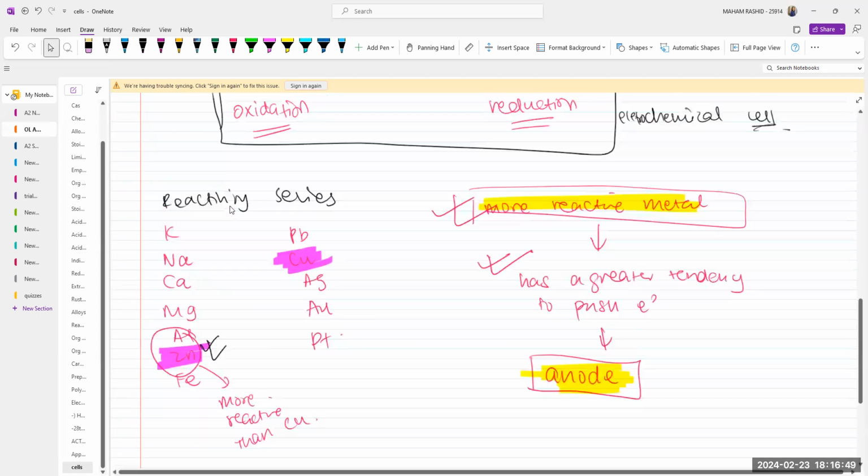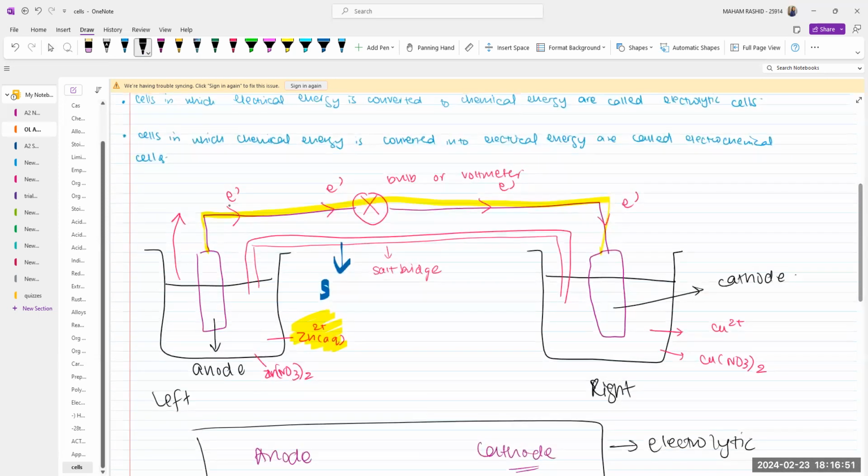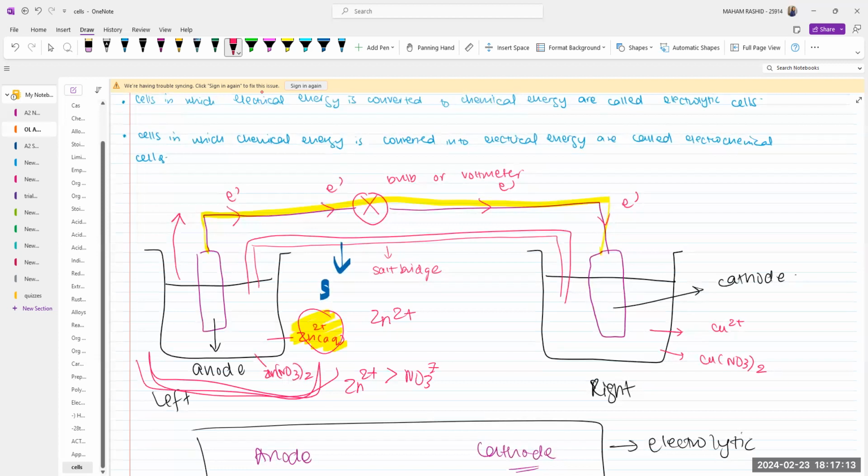I won't go in a lot of depth, but when zinc loses electrons and turns to zinc 2 plus ions, zinc 2 plus ions on this side of our cell start to increase. So zinc ions are greater than your nitrate ions, so this beaker has a net positive charge.